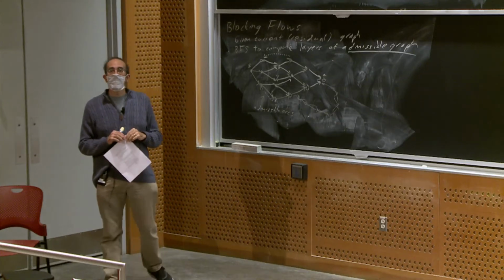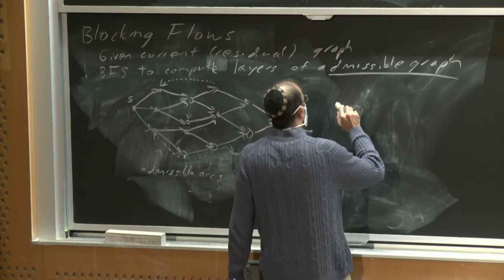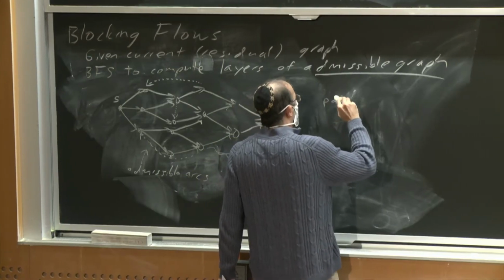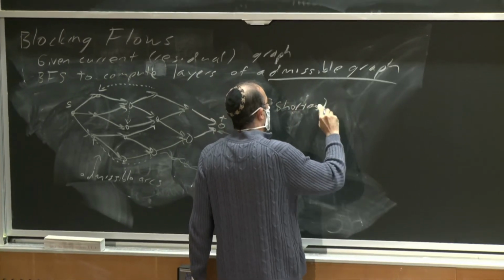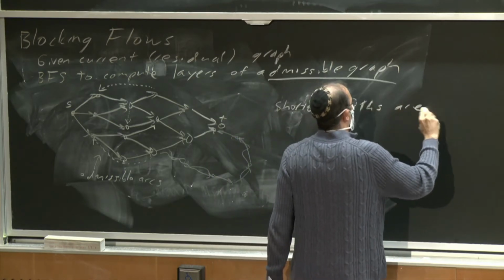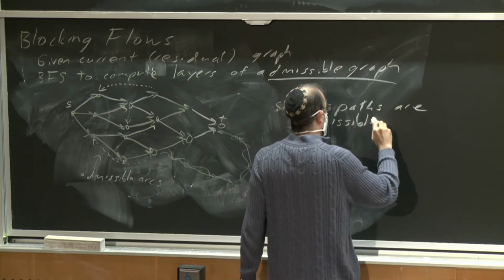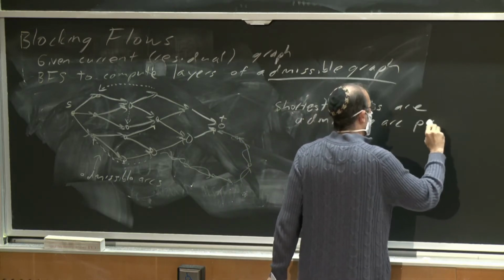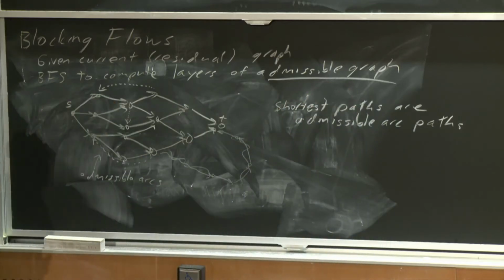Everything of like those dark edges. Exactly. So shortest paths are admissible arc paths. Any shortest path is made of admissible arcs only.